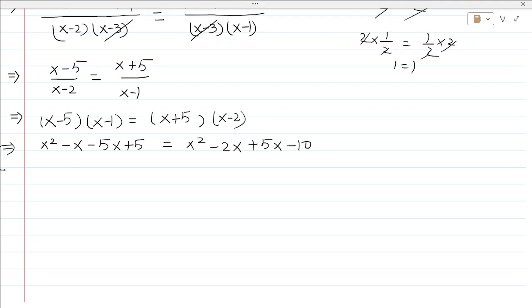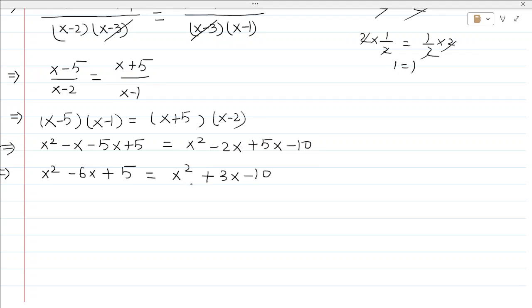So here what we get, x square minus 6x plus 5 equal to x square plus 3x minus of 10.